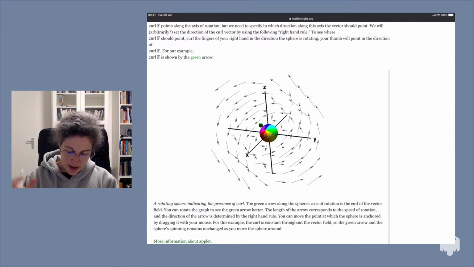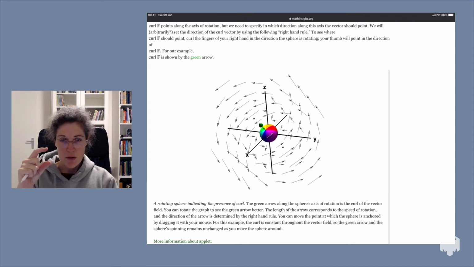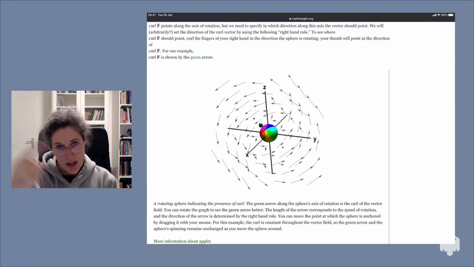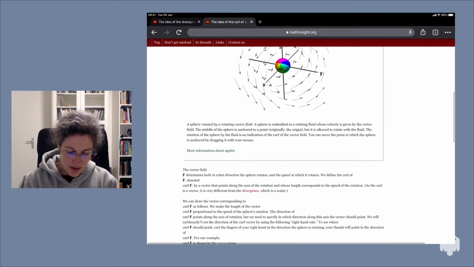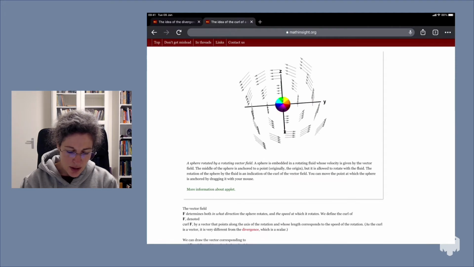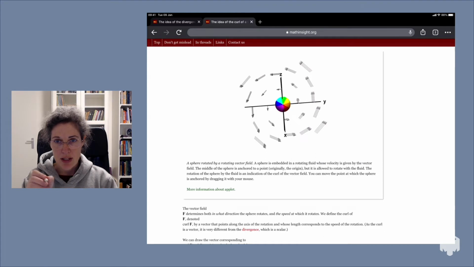So the length of the arrow corresponds to the speed of rotation. Obviously if you've got a really swirly vector field that's going around a lot, then you'll have a very large amount of curl, but if it's going slowly, then you have a small curl. The other thing to think about, looking at this vector field, is that it probably doesn't have any divergence, because if you look at any little area, nothing's leaving and nothing's coming back.